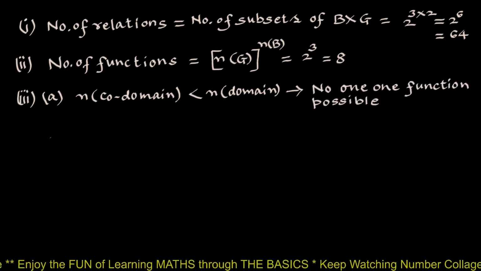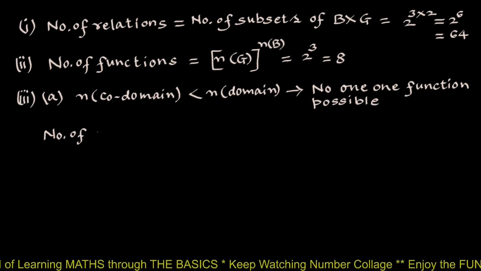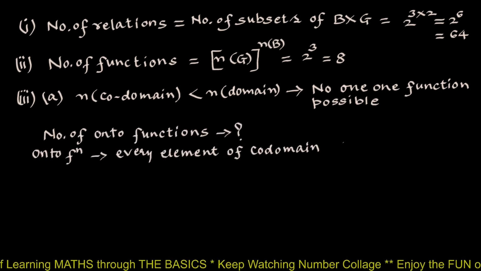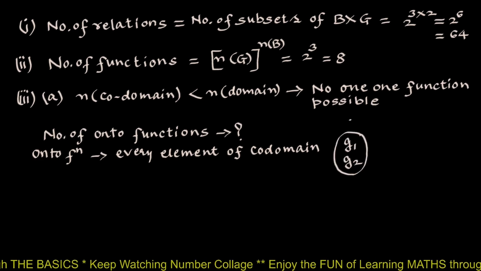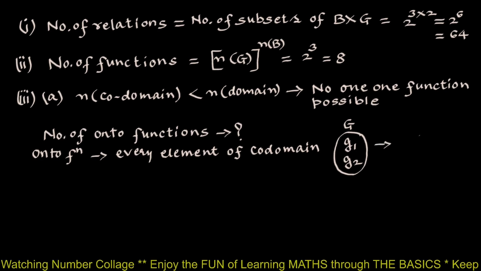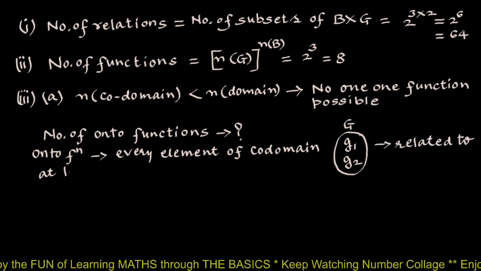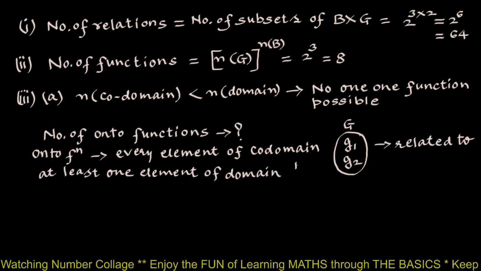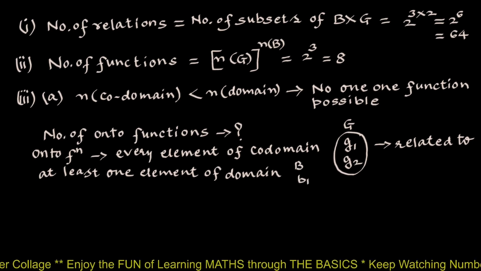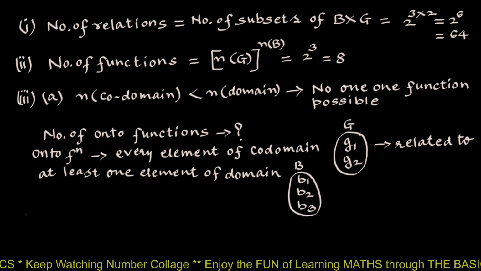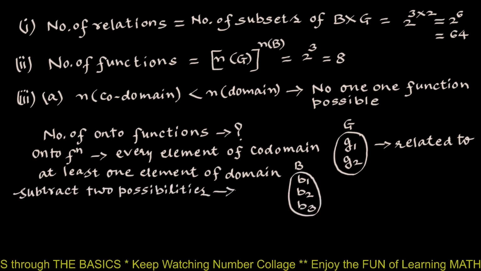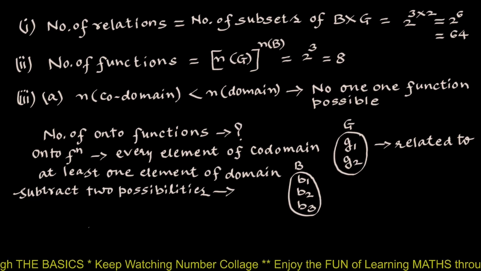Next we have to find the number of onto functions. For an onto function, every element of the codomain, which in this case is set G consisting of 2 girls G1 and G2, must be related to at least one element of the domain, which is the set of boys B consisting of 3 boys B1, B2, B3. So we have to subtract 2 possibilities from the total number of functions possible.